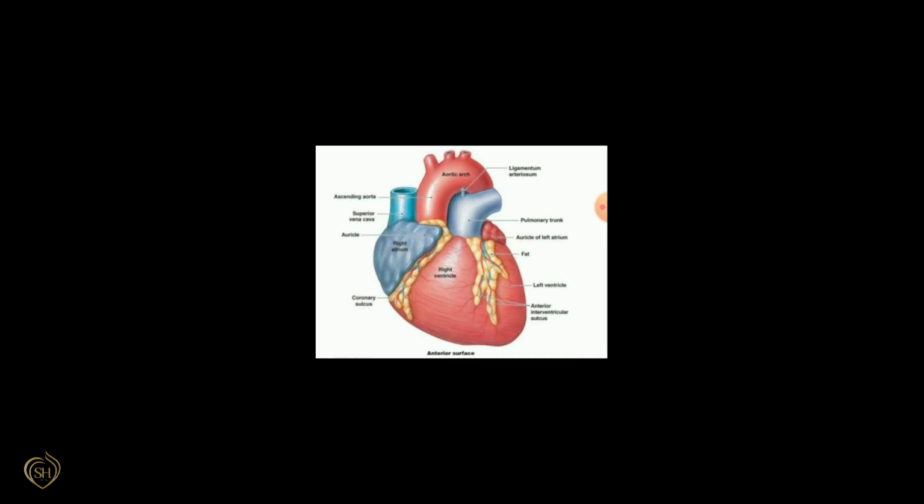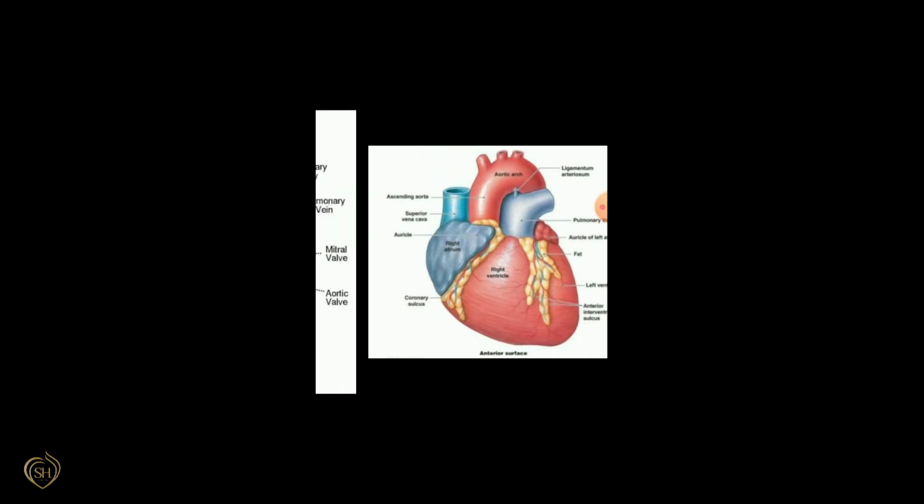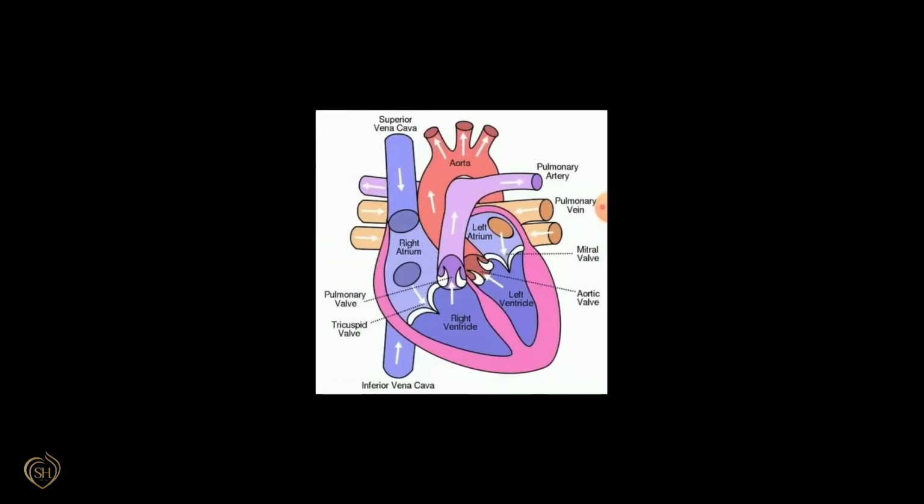Then we can study the chambers of the heart. Do you know which are the chambers of the heart? The heart consists of 4 chambers: 2 upper atria or auricles and 2 lower ventricles.